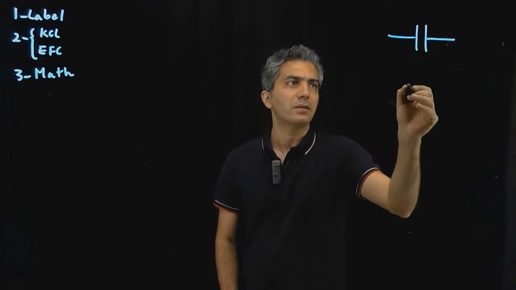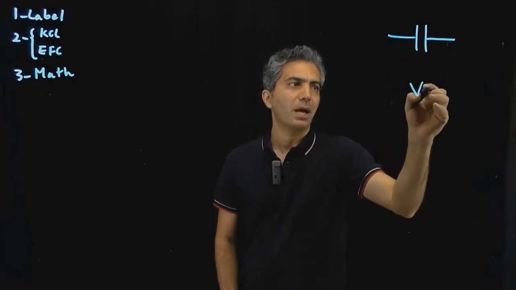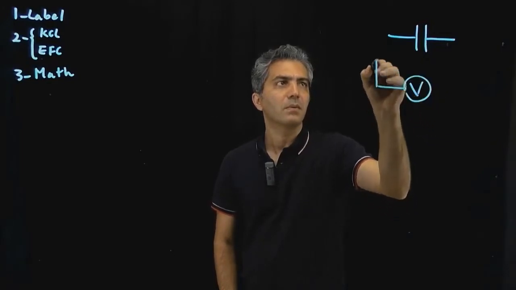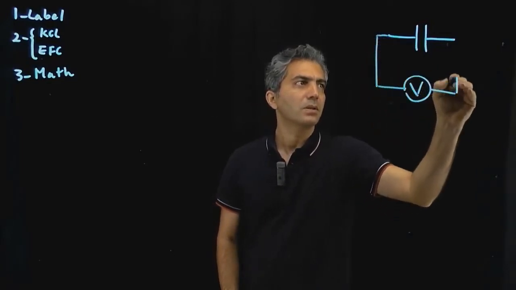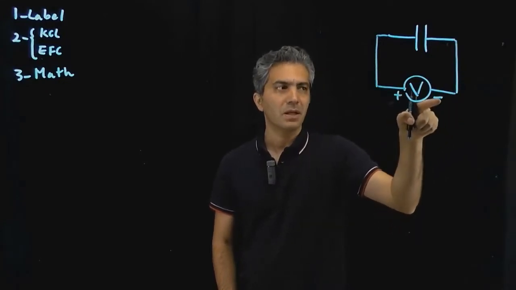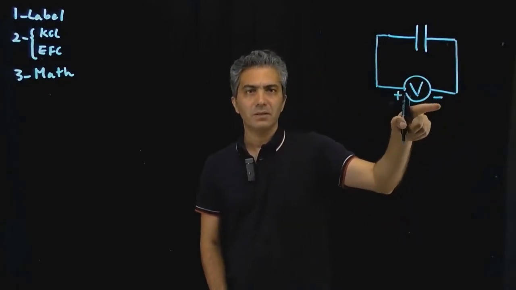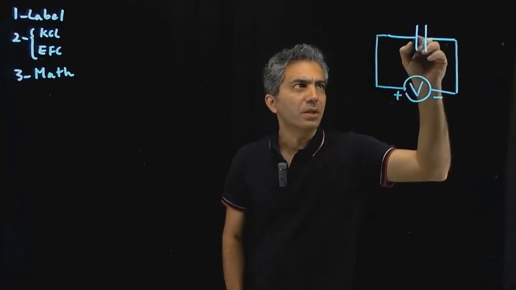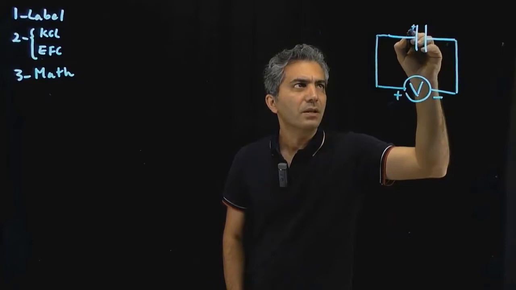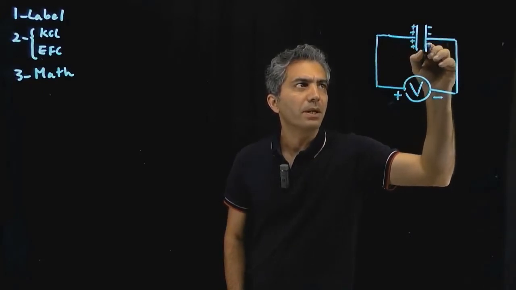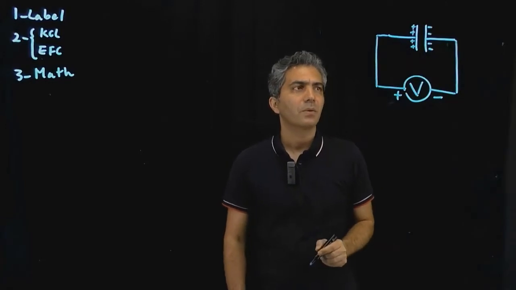meaning that if I say take a battery and connect that to this. Let's say this is positive and negative, meaning the voltage on this side is higher than the voltage on the other side. Then you start establishing an electric field here, and charge would build up on the capacitor.